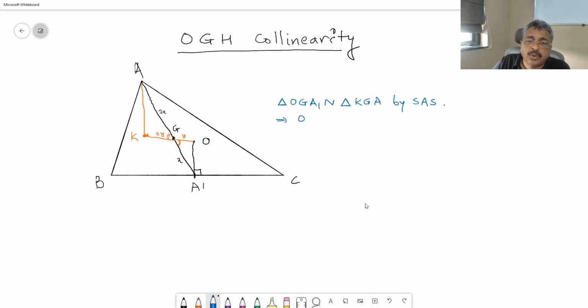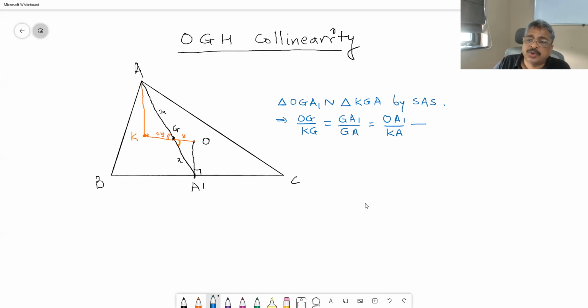Therefore, OG upon KG is equal to GA' upon GA is equal to OA' upon KA.